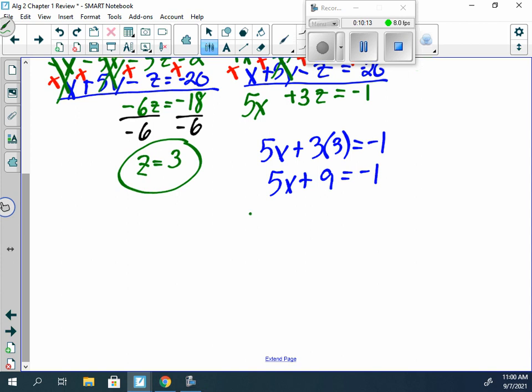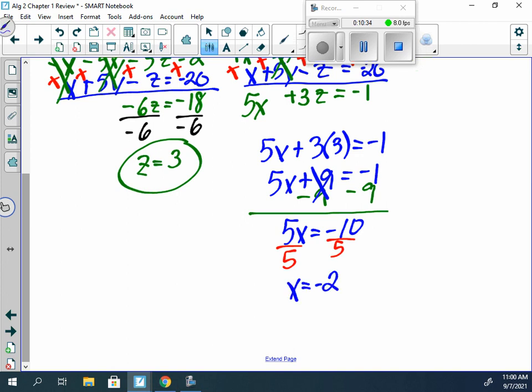And then solve for x by subtracting 9 from both sides. 5x equals -10. Divide both sides by 5. And we get x is equal to -2.